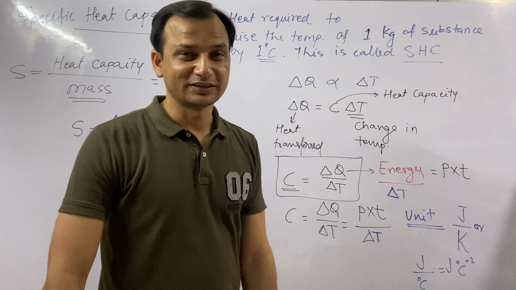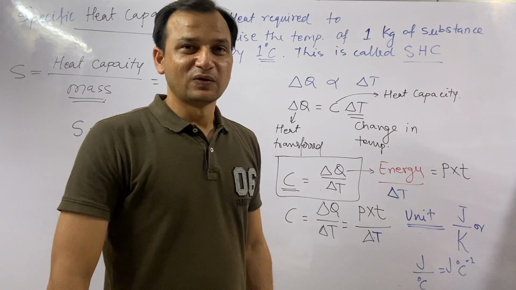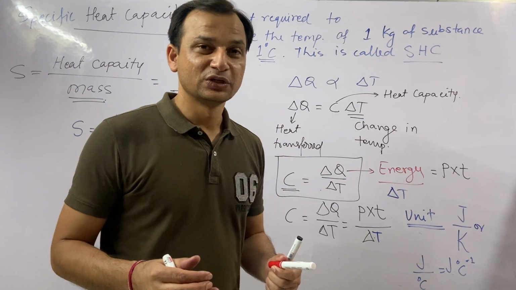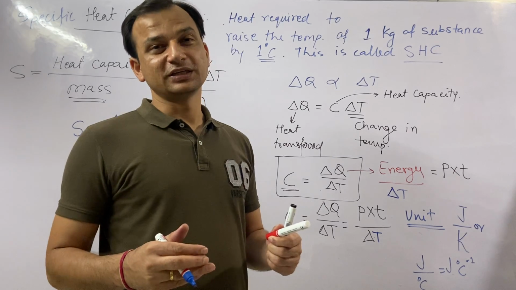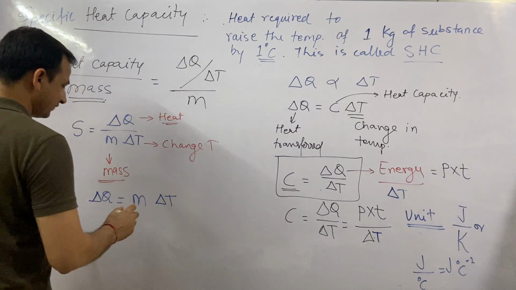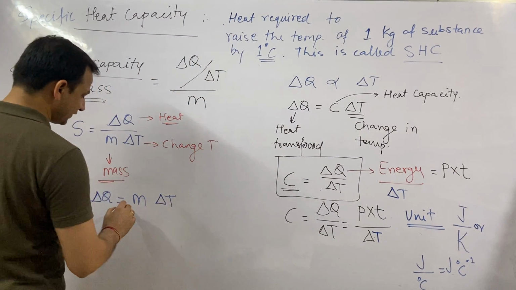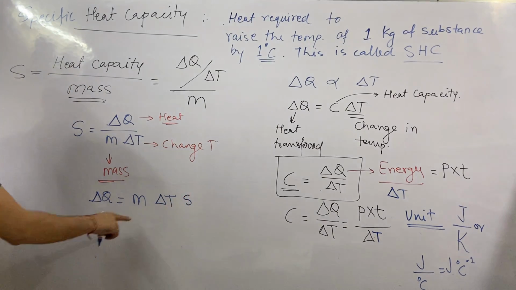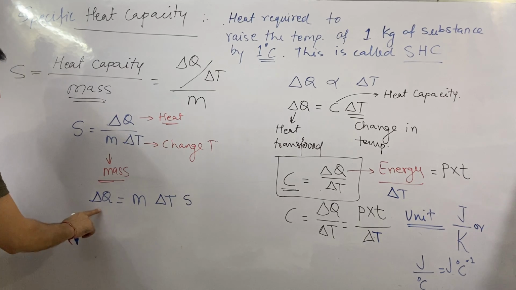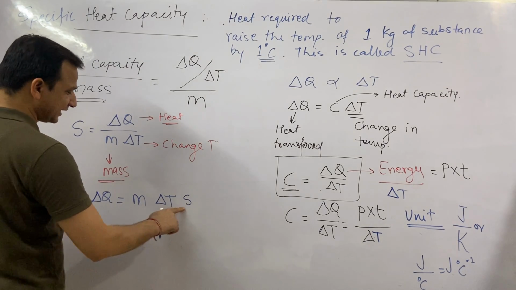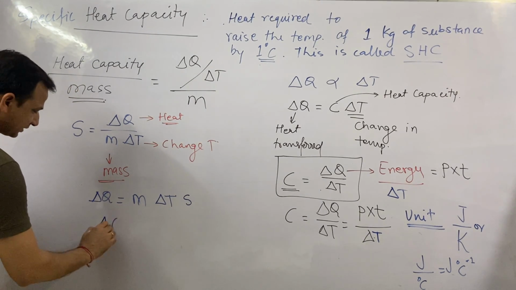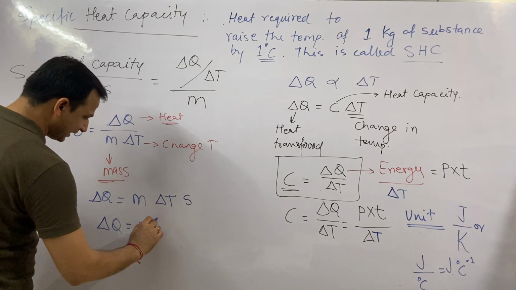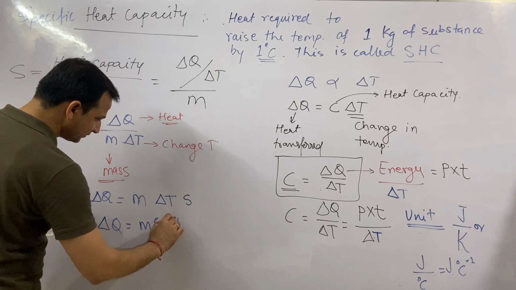And one more thing, what is the capacity of that substance to absorb the heat? So that capacity we can measure by specific heat capacity, and I can write here S because I don't have space here. So delta Q is equal to M delta T into S. In books most of the time it's written as delta Q is equal to ms delta T.